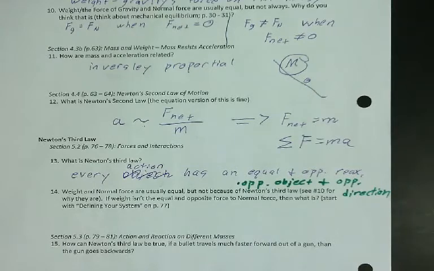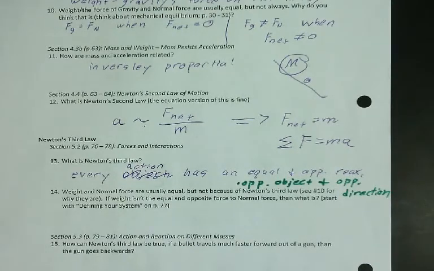So, what is the equal and opposite force then? Well, it has to be the opposite object, and it has to be the opposite direction. So if I'm the object getting pulled on by Earth, then the opposite would be the Earth getting pulled on by me.